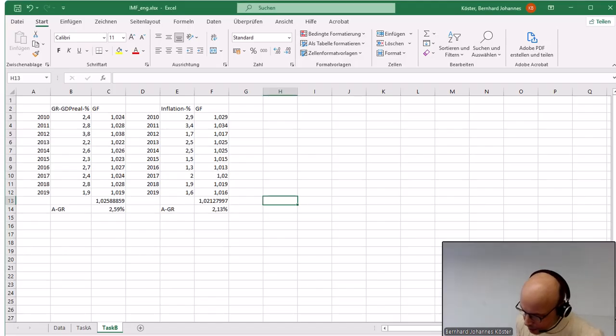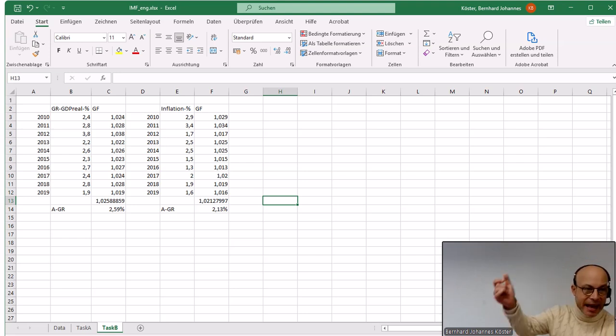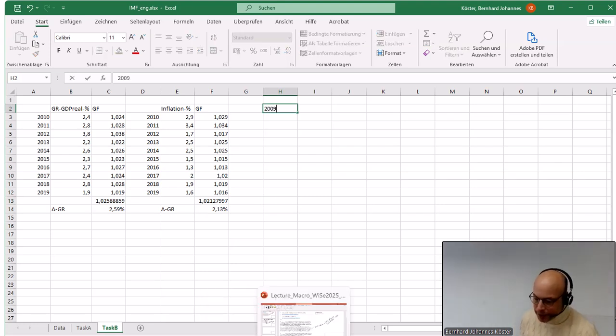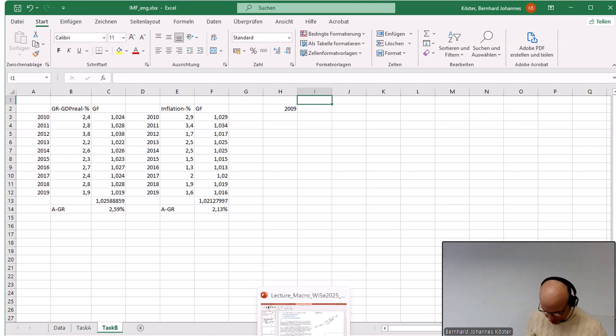So what do we need then? Well, these are growth rates, and now comes your point. Since we have the first growth rate, the growth rate in 2010, the starting point for our absolute values is 2009. So therefore, I start here at 2009. Here, then I want to have the GDP deflator.